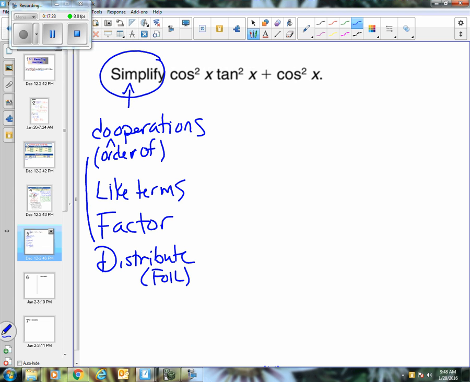I would argue that kind of goes back to doing operations, but sometimes people think of distributing separately because it's maybe a step to get you started. So do the operations, see if you can put things together, try to factor it, try to multiply, whatever you can do to try to make it easier. And what we mean by easier is the fewest operations and the fewest functions, so we can get it down into something more manageable.